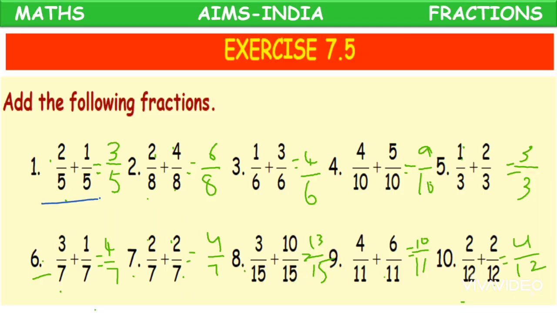What did we learn today? We learnt about comparison and addition of like fractions. How do we compare? When we have two like fractions whose denominators are the same, we compare the numerators. Say 1 by 9 and 3 by 9. The denominators are the same, so we compare the numerators.